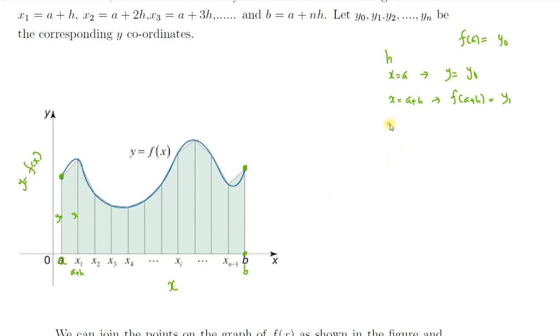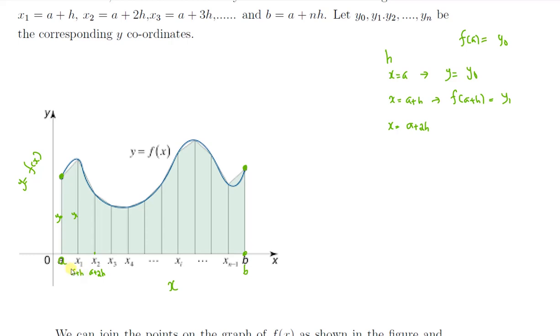Similarly, to find the value of f of a plus 2h, give x is equal to a plus 2h, the next point. Again, the increment we are giving is h.